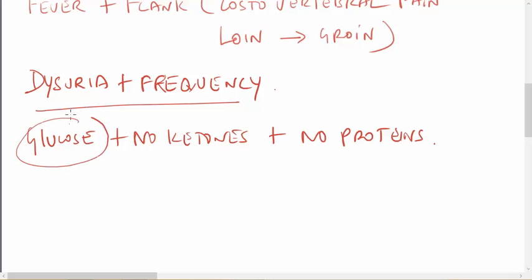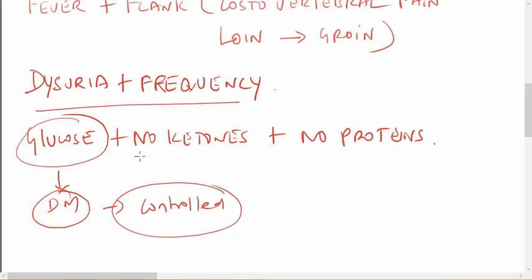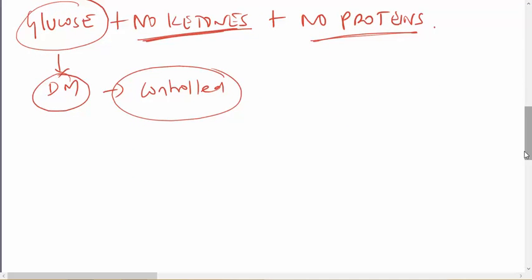There is glucosuria because of diabetes mellitus, but it is controlled because there is no diabetic ketoacidosis, no ketones, and no proteins, which means the glomeruli are normal. This is how you have to relate the morphology. So no protein, no ketones, no complications of diabetes in this case, and the glomeruli are not affected still. It is very well controlled diabetes mellitus, but she developed flank pain and dysuria. Only this finding we have.